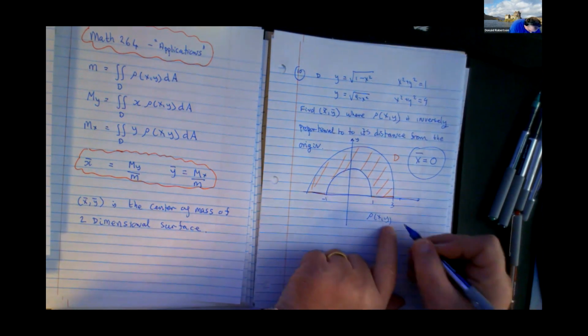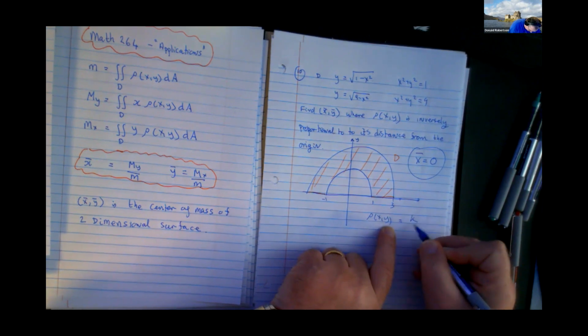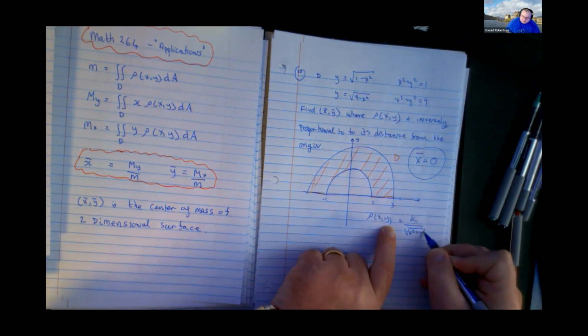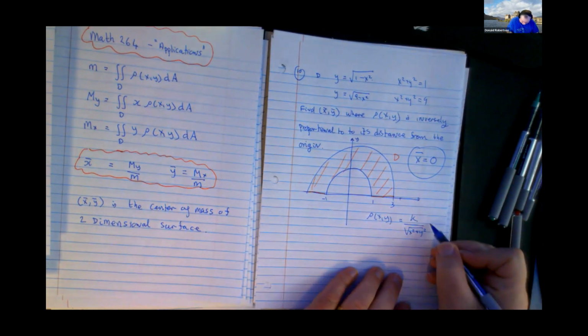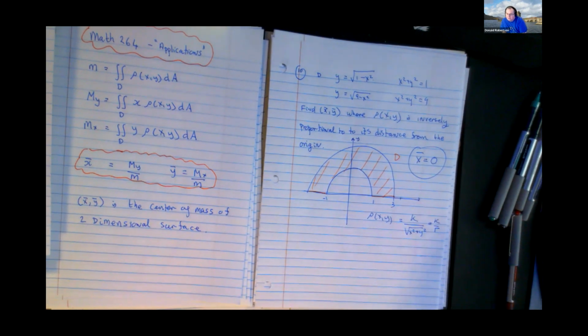Let me reread that carefully. Yep. Now, if you're inversely proportional to the distance, you're that guy. Great. Not the distance squared, but the distance. And doesn't that turn into K over r? You comfortable with the density function being K over r when you go polar?